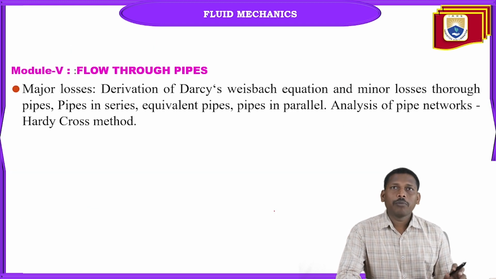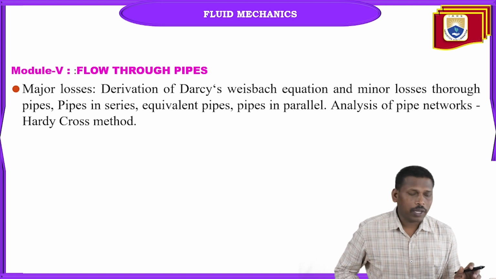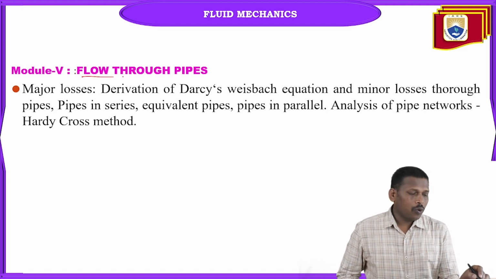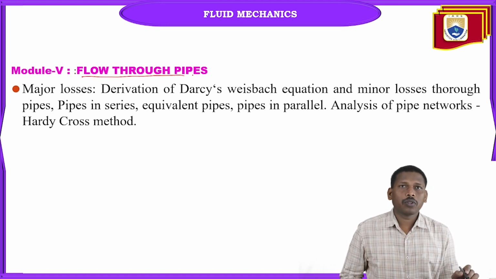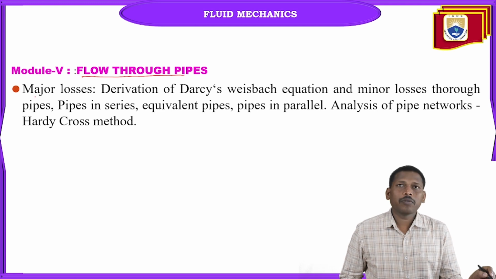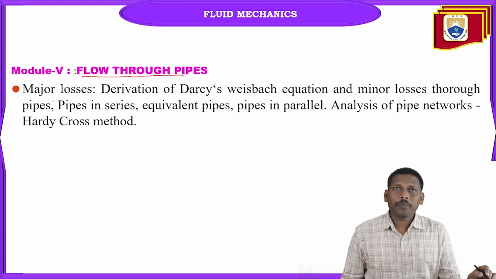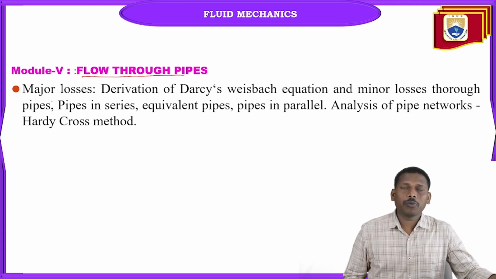So coming to module 5, it is about flow through pipes. While discussing this module 5, we will discuss major losses, derivation of the Darcy-Weisbach equation, minor losses through the pipe, pipes in series, equivalent pipe, and pipes in parallel.